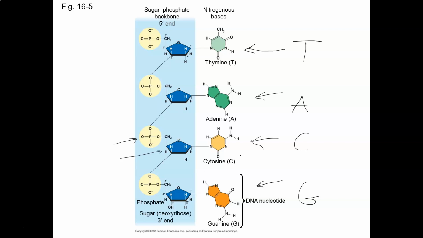Notice also in this picture that these nucleotides are connected together to form a string or strand of nucleotides. DNA is actually made of 2 strands of nucleotides that are connected together by hydrogen bonds. That is not shown in this picture. We'll see that in a moment.